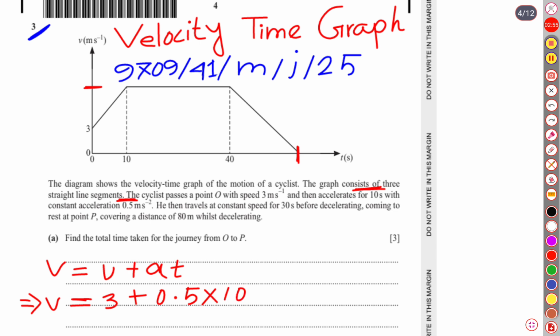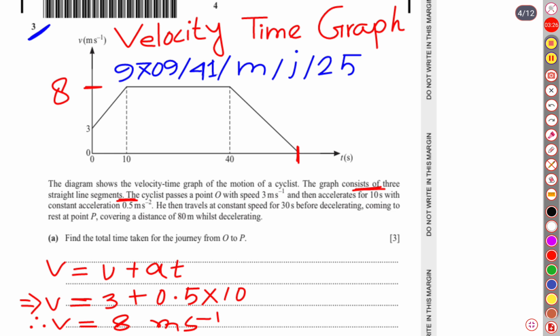Finally, we have got that V is equal to 3 plus 5, so it is going to be 8. V is equal to 8 meter per second. So for the first 10 seconds, the velocity was 8 meter per second. Hence, we can write here 8. So this point is also 8.